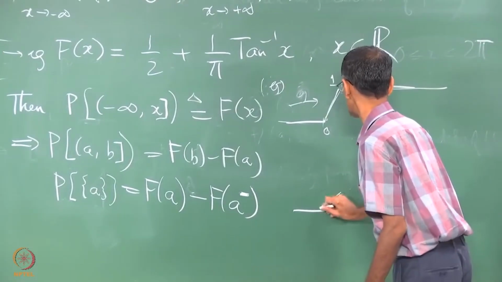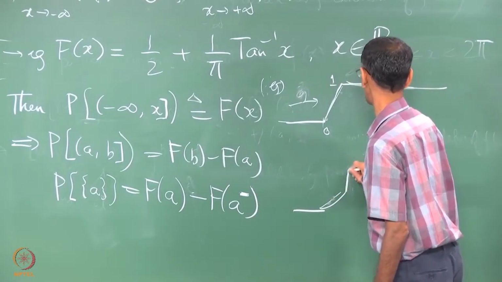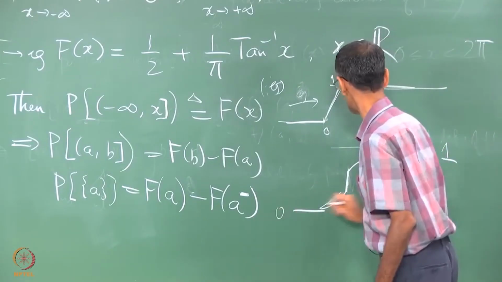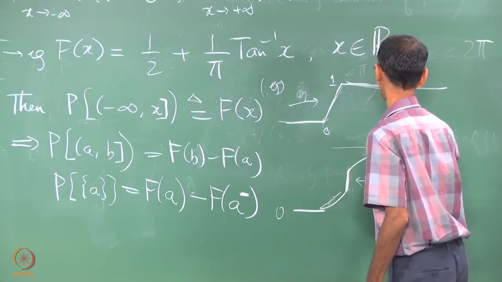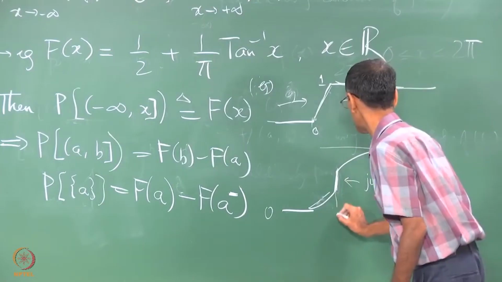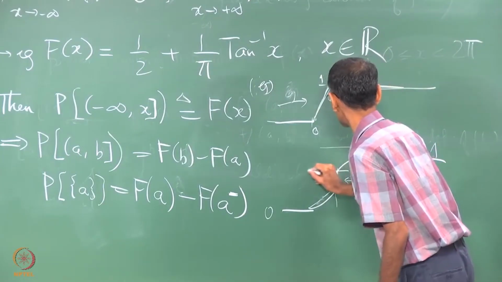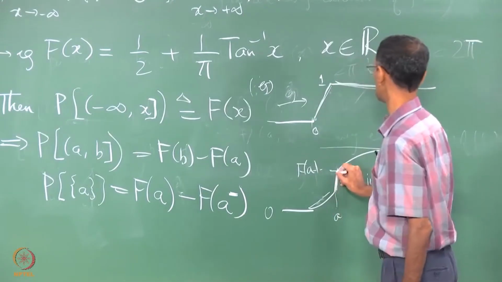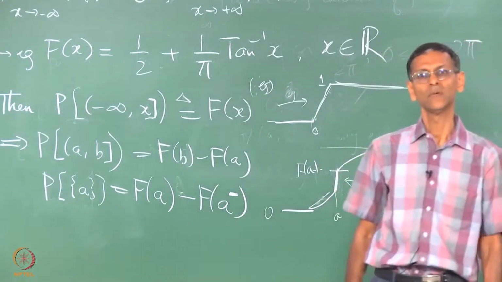If I have something like this and a jump and something like this, this could also be an f, this could be 1, this could be 0, with a jump here. So this is the value f of a, including the value of the jump at a, if there is a jump.